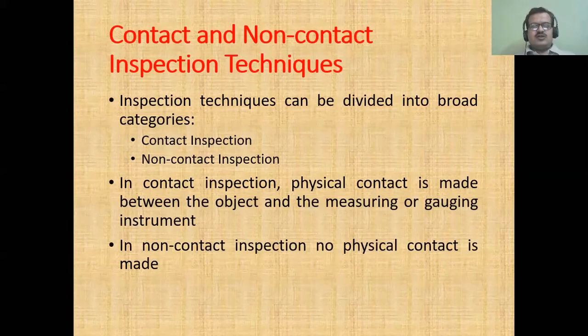So in contact type of inspection, physical contact is being made between the object and the measuring instrument or the gauging instrument, right? Whereas in non-contact inspection, no physical contact is being made. They are a little distance apart and the readings or the information is being taken. So one is contact type of inspection technique and another is non-contact type of inspection technique.